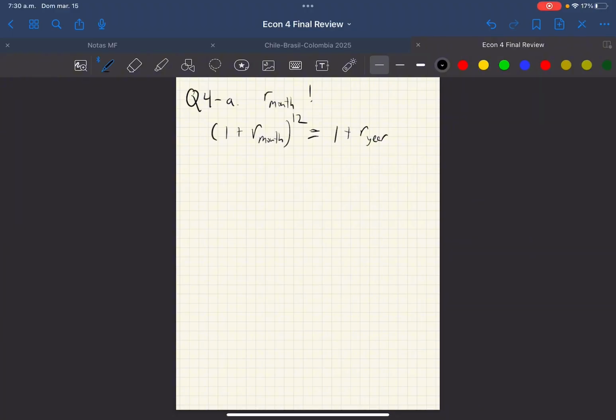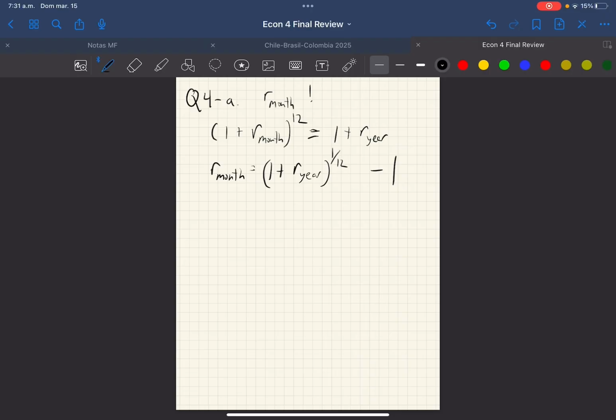And so that means if we rework this, we're going to get that R month is equal to (1 plus R year) to the power of 1 over 12, minus 1.